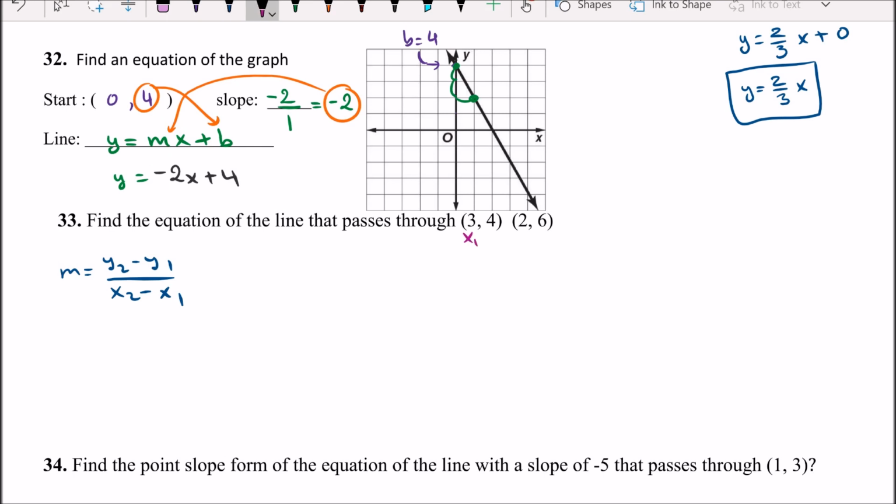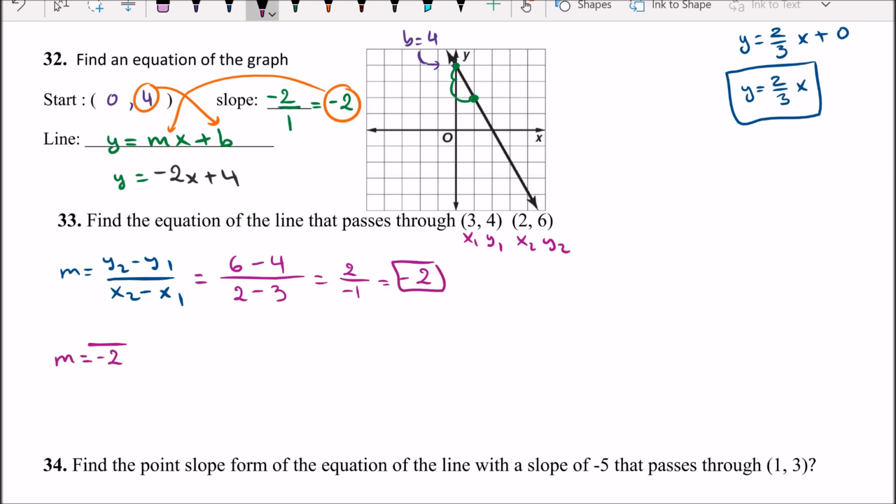So this is x1, y1, x2, y2. We plug in: 6 minus 4 over 2 minus 3. 6 minus 4 is 2, and 2 minus 3 is negative 1. So the slope is negative 2.